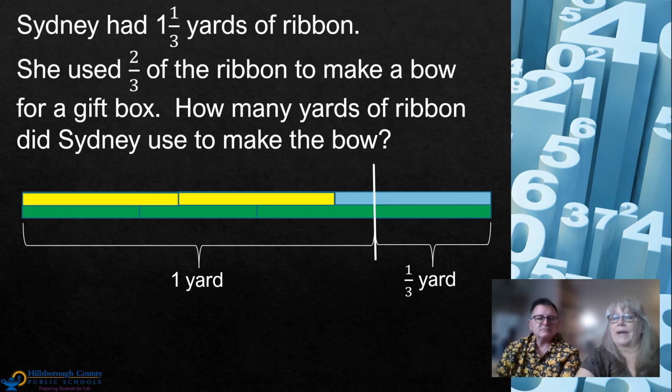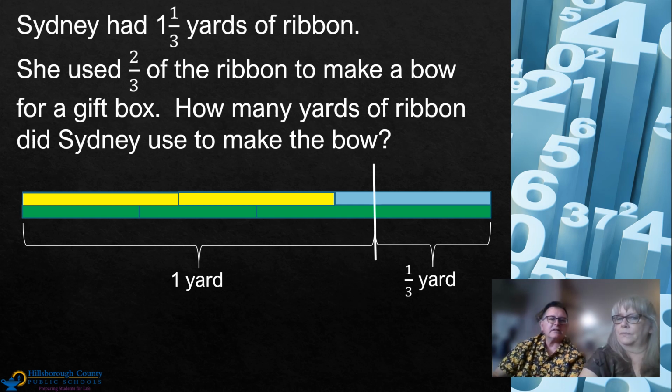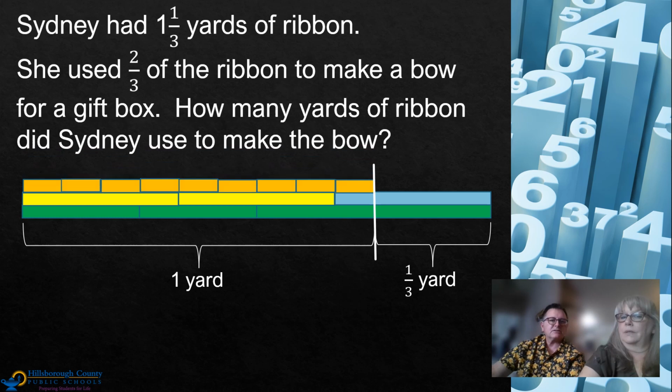So I have to go back to the 1 yard, and what is that yellow part in relationship to 1 yard? What fraction of 1 yard is it? It's 9ths. So I'm going to break that into 9 equal parts.